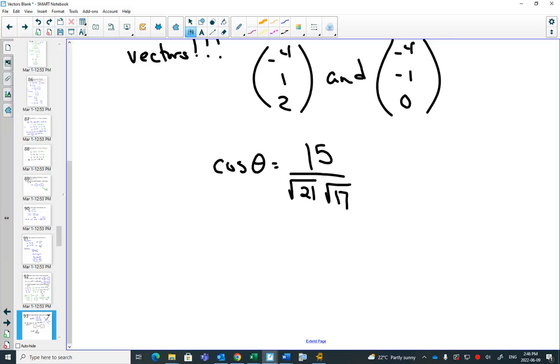We can now go to our calculator and do cos inverse of 15 over. When typing this into your calculator, make one square root sign and just multiply inside. That's the same. It's easier than retyping the whole thing.